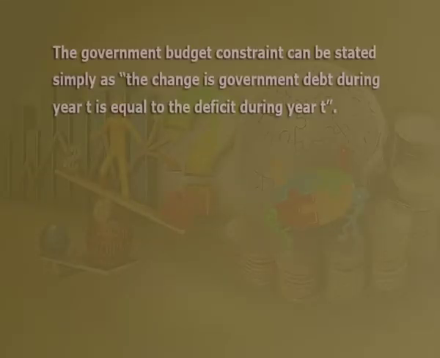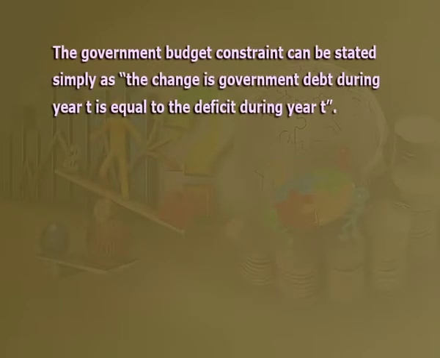Another characteristic of this equation is that G shows the spending on goods and services excluding transfer payments. Instead, transfers are subtracted from T. Now, the government budget constraint can be stated simply as: the change in government debt during year t is equal to the deficit during year t.